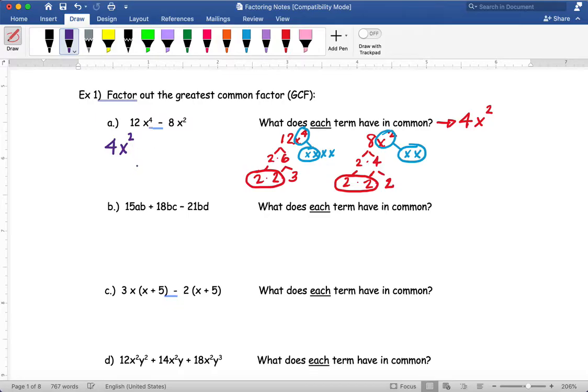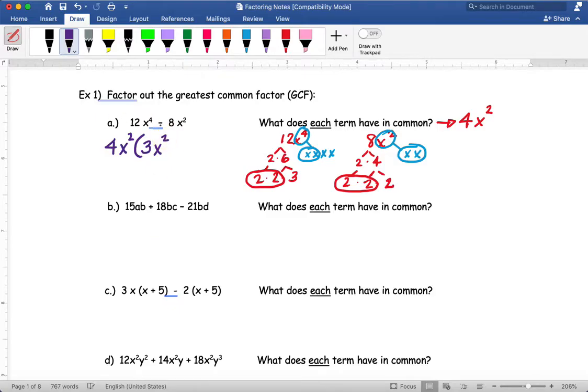And remember, I'm reversing polynomial multiplication, so I have to write it as a multiplication problem. And then I ask myself, well, 4 times what is 12? Well, that would be a 3. X squared times what is x to the 4th? Well, that would be x squared.